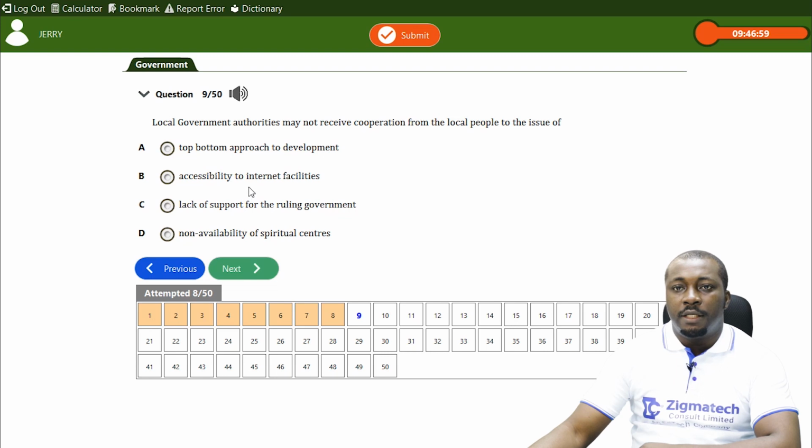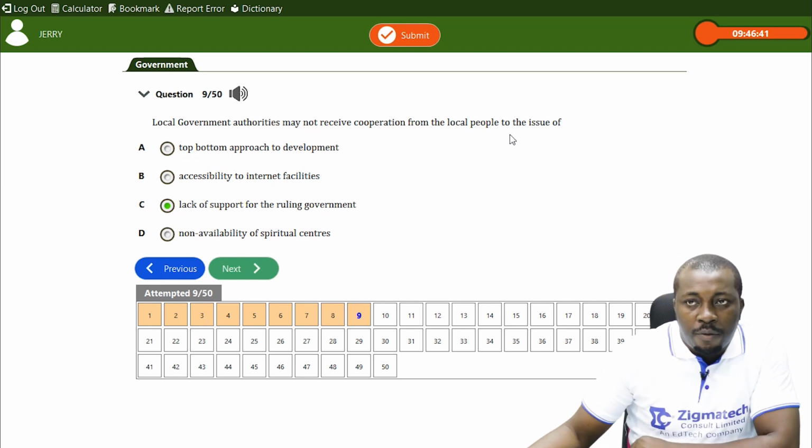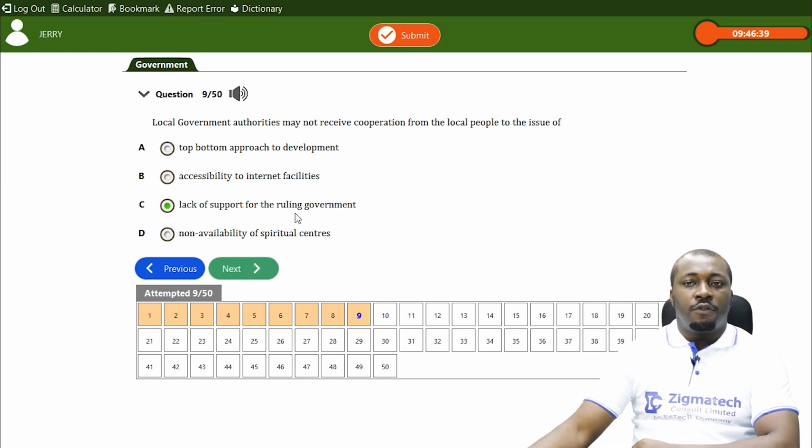No. B, accessibility to internet facilities? No. It's a lack of support for the ruling government. D, non-availability of spiritual centers? Of course, it's lack of support for the ruling government. So it may not receive cooperation from local people in the case of lack of support from the ruling government.